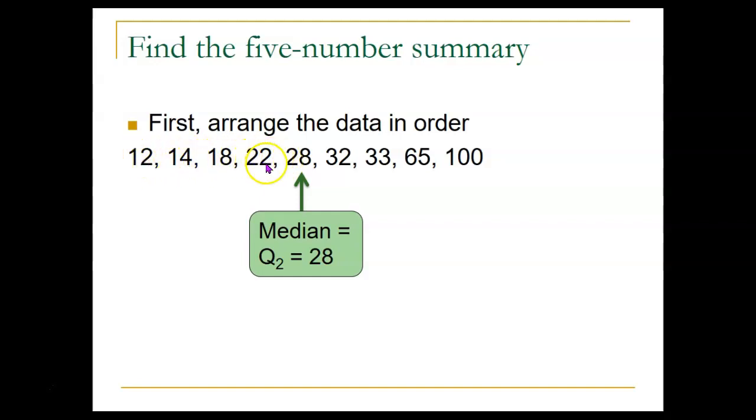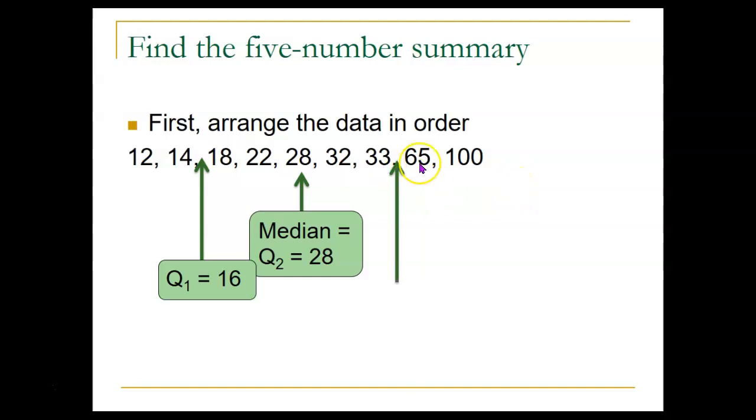So now, looking at the numbers that are below the median, that would be these 4 numbers here. To find the median of those, it would be halfway between the 2 middle values, the 14 and the 18, which would be 16. So that's our Q1. And then for Q3, take the numbers that are above the median, that would be these 4, and find the median of those.